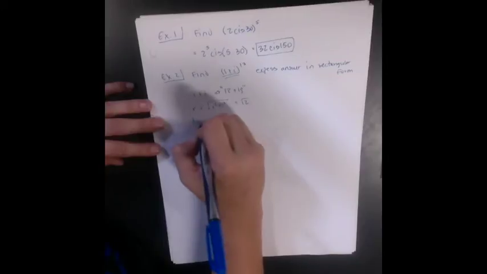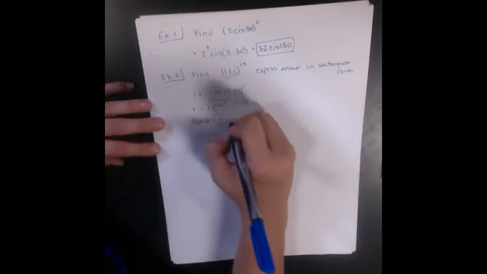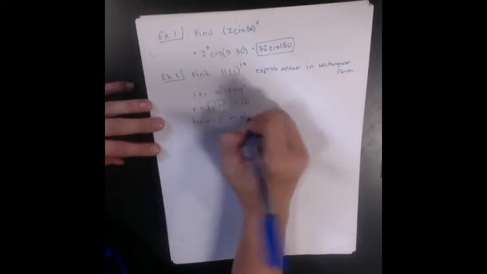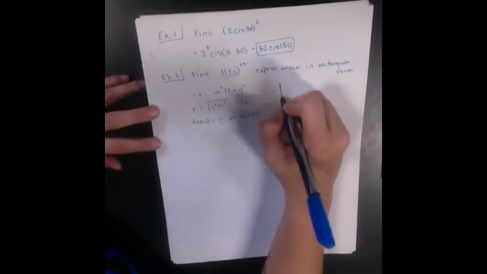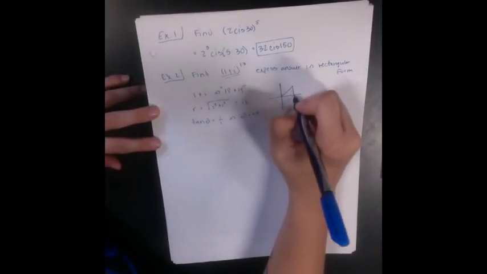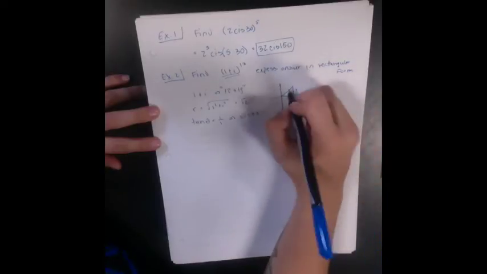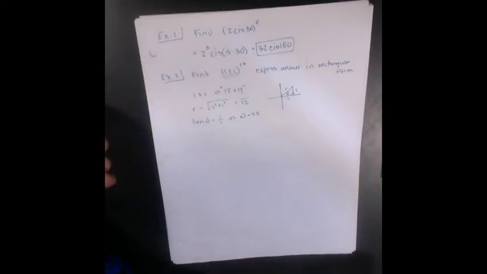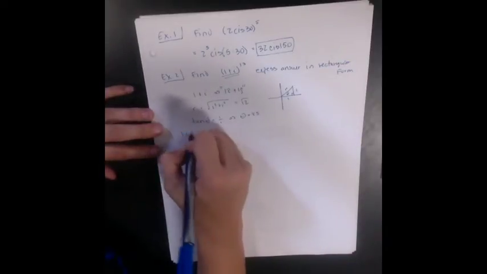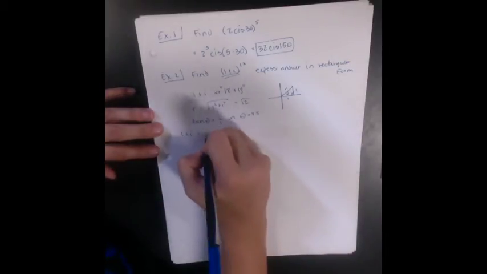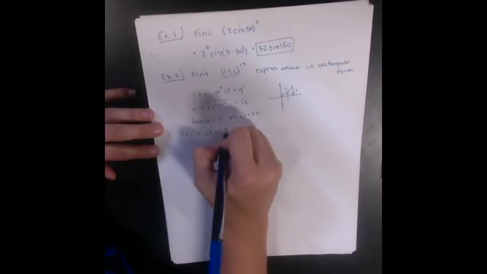And the tangent of theta is going to be 1 over 1, which tells me that theta is 45. We could graph all of this: 1, 1 will put us here. Find r and theta. So we know that 1 plus i, written in polar form, is the square root of 2 cis 45.